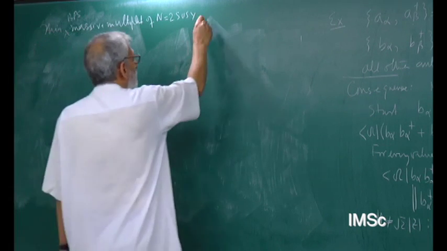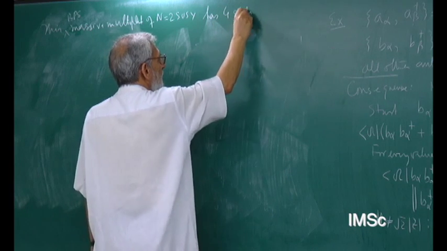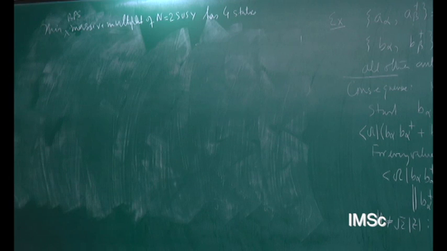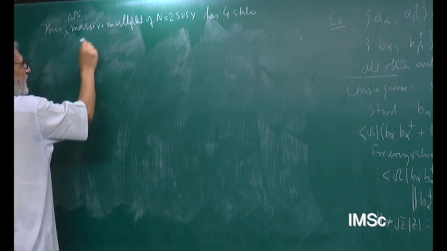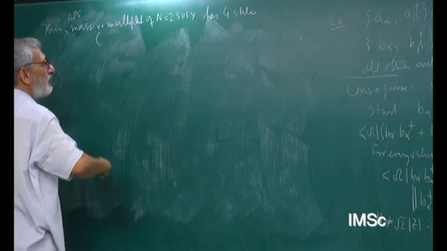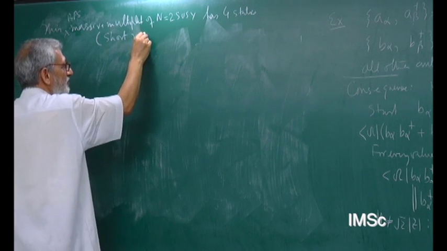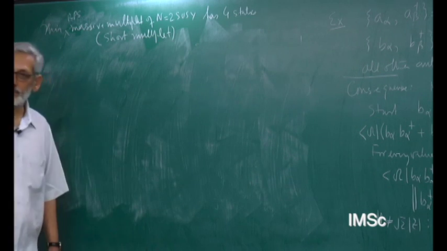It has 4 components, 4 states. Each one of them has 4 states. And we give this a name, call it short multiplet. Why short? We'll see it in a moment.